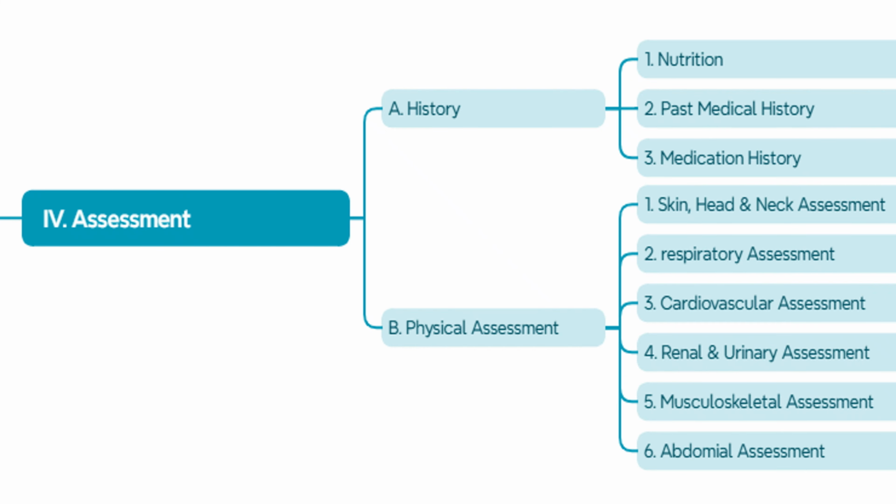P is for planning, so prevent falls, manage oxygen needs, monitor labs. Then we have implementation: administer meds and blood products, and dietary teaching. E is for evaluation: increased energy, normal hemoglobin and hematocrit, no adverse effects.